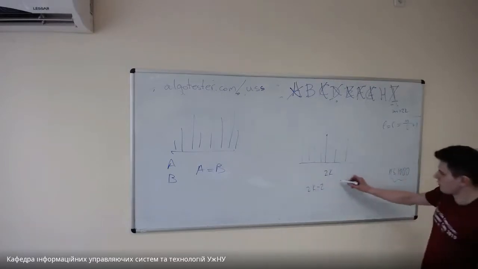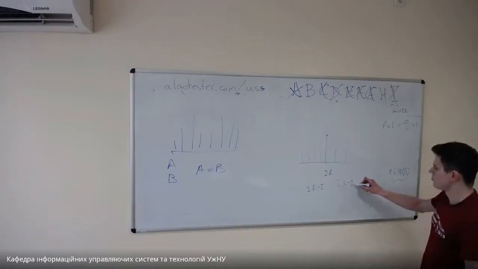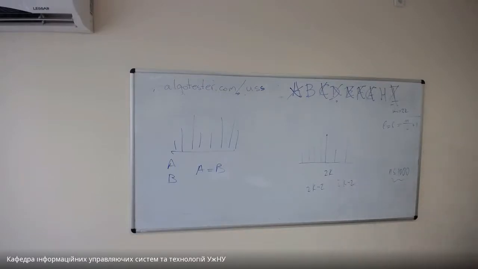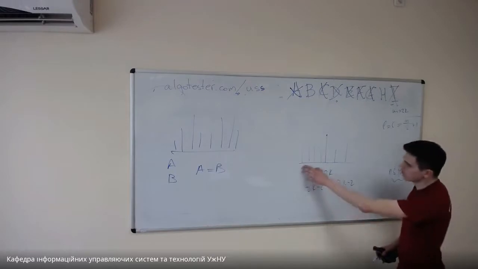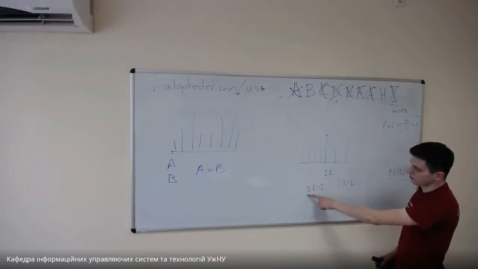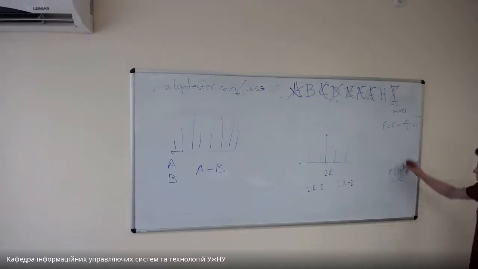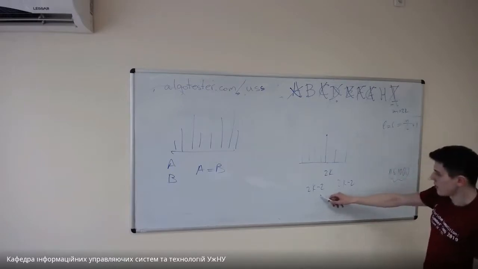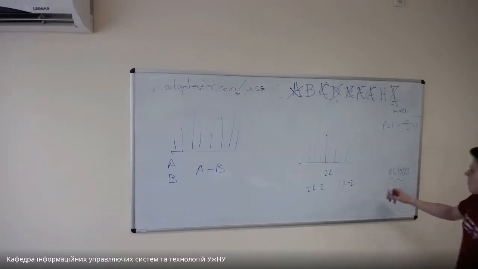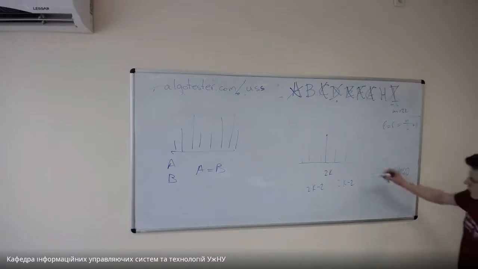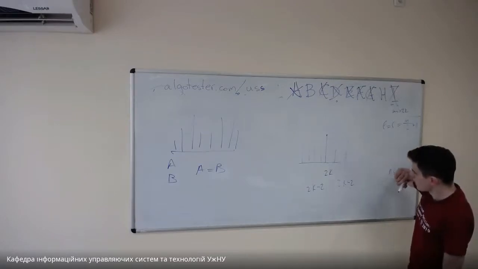And on the right, it also has to be 2k minus 2. Well, why is that? If you have something here that has a height 2k minus 2, this means that the left and right stack size will be basically k minus 1, right? And on the right as well.